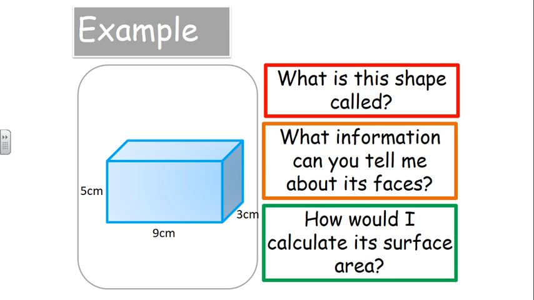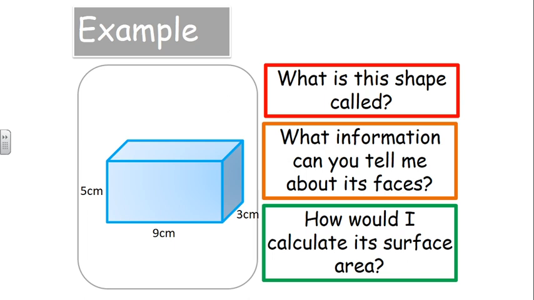So the area of the front should be the area of the back. If you think of a cereal box, for example, the front of the cereal box will be the same size as the back of the cereal box, as will the 2 sides, and as will the top and the bottom. So they're in pairs. So the front and the back have the same area, as do the 2 sides, and as do the top and the bottom. And we're going to see that now.